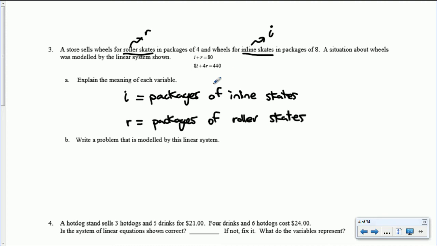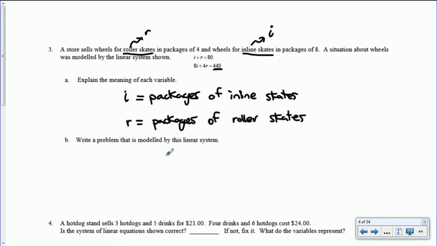So 8 times i plus 4r equals 440. So it looks like this is the total number of wheels that we're working with here. If I have a number of packages of inline skates and a number of packages of roller skates, they need to add to 440. And here it looks like the packages need to add to 80.